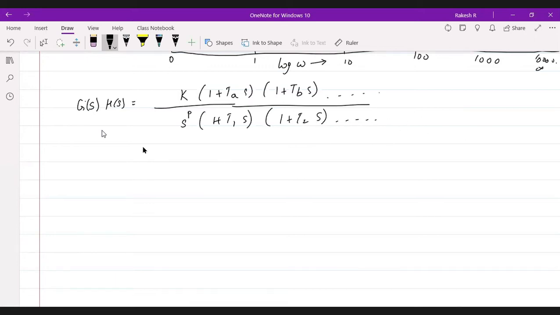This is the standard time constant form.